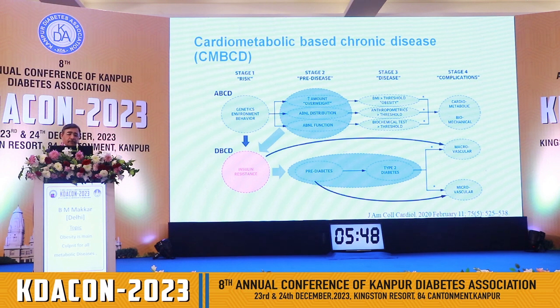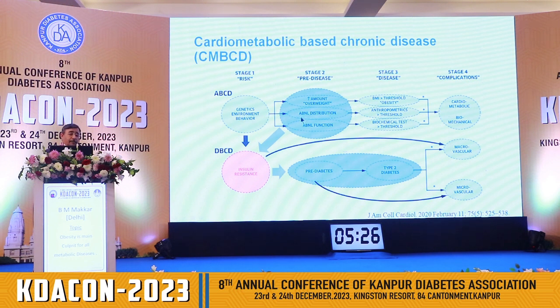And once this happens, accumulation of fat exceeds the threshold for normal level of fat. Because of the sheer weight of fat, there are biomechanical complications. There is dysfunctional fat leading to changes in the biochemical parameters, leading to the components of metabolic syndrome.